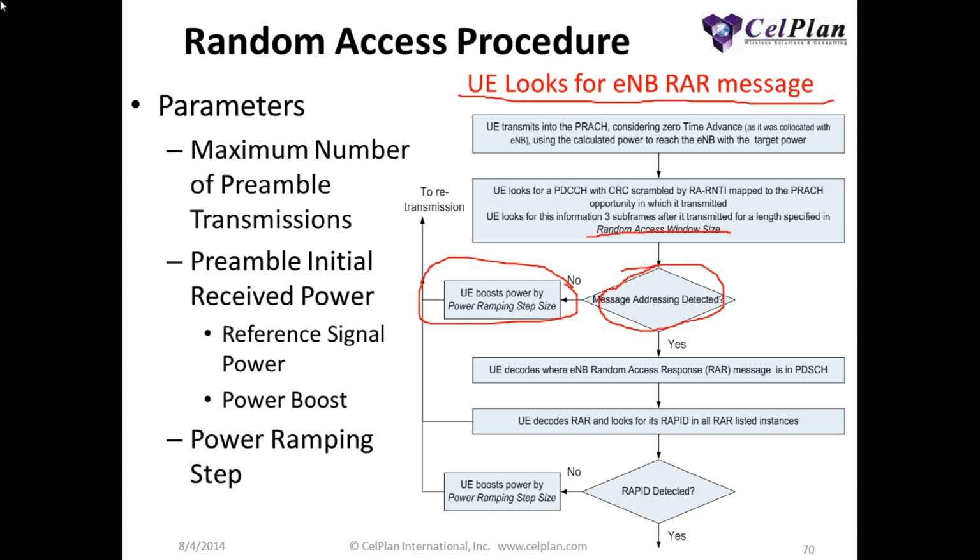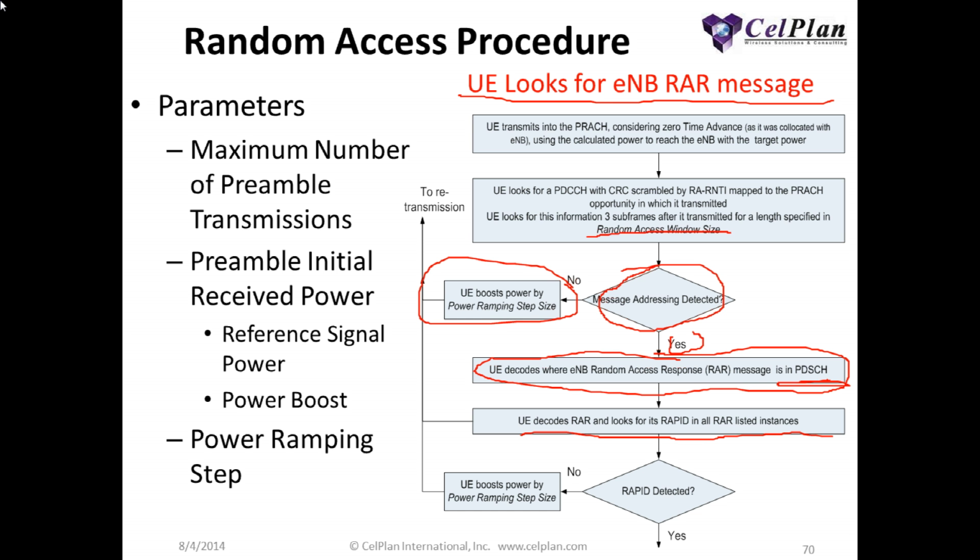If it did detect the message, it decodes the RAR message that is in the PDSCH. It decodes the RAR and looks for its RAPID in all RAR listed instances. So the random access response has many RAPIDs.